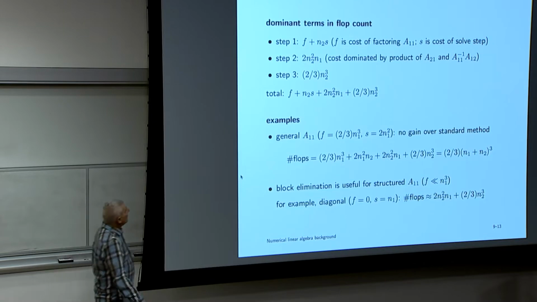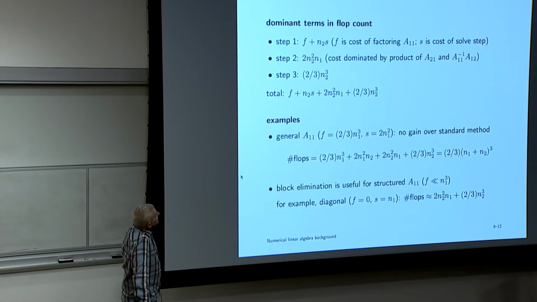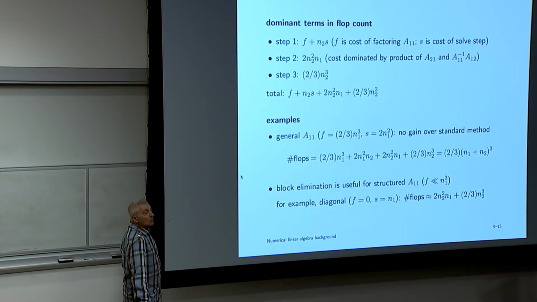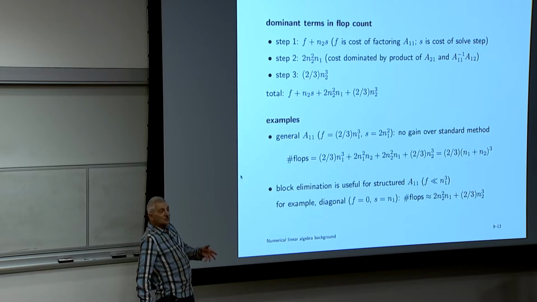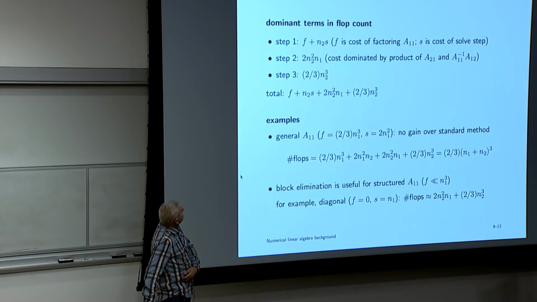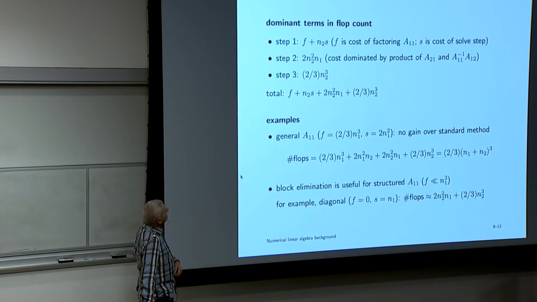Step 2 is just forming the Schur complement matrix. We're not going to exploit any structure in the Schur complement, although one could. We're just going to treat it as dense. And then step 3 is going to be N2 cubed, because it's just to factor and solve it. And so the total is this number up here. It's F plus N2 S plus blah, blah, blah.